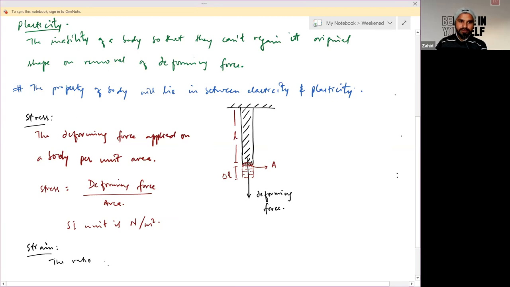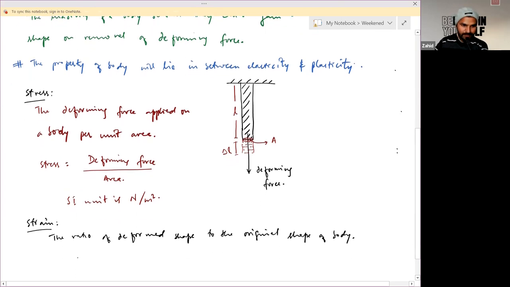The ratio of deformed shape to the original shape of a body is termed as strain.